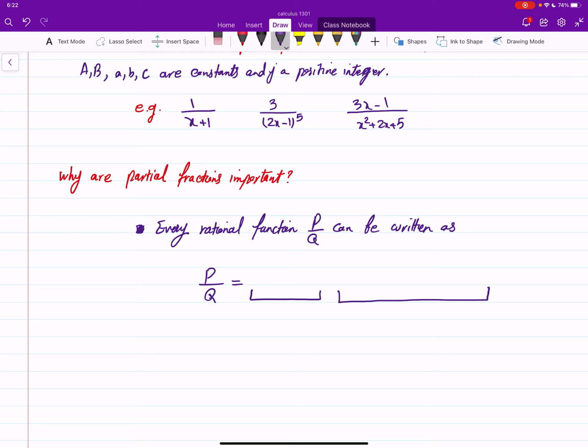First part, it's going to be a polynomial, so I'll just write S of x, a polynomial. And then another piece, which will be sums of partial fractions.